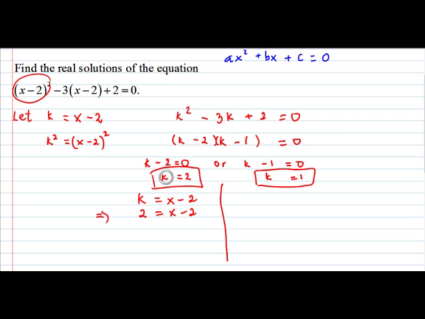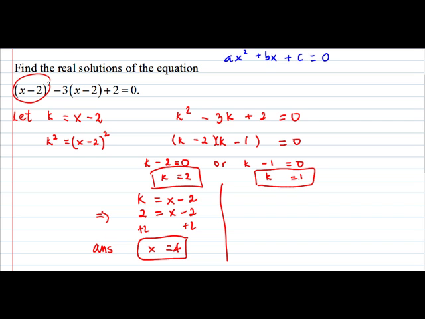Because 2 is k, and k is equal to that. So now to solve for x, I add 2 to both sides. Therefore x is 4. That's my answer.